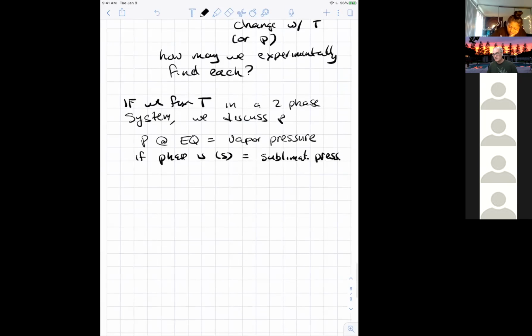So it's okay to call it a vapor pressure, but if it's a solid, it's also called sublimation pressure because that process is called sublimation, right? It's just a little bit more detailed word.